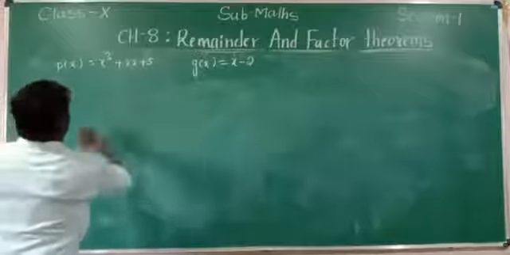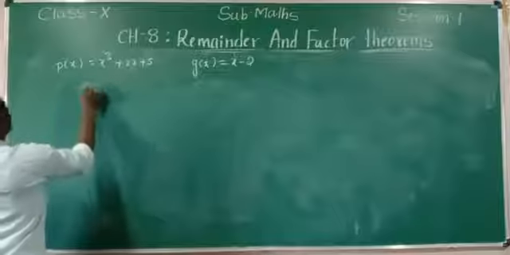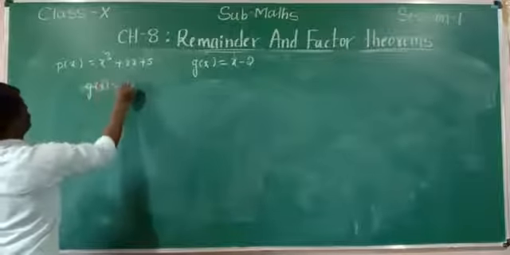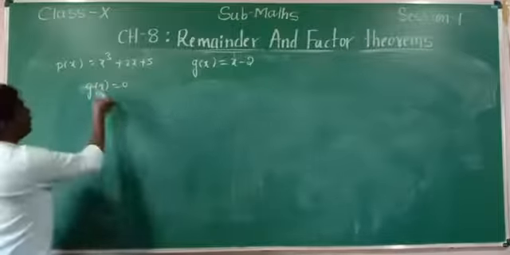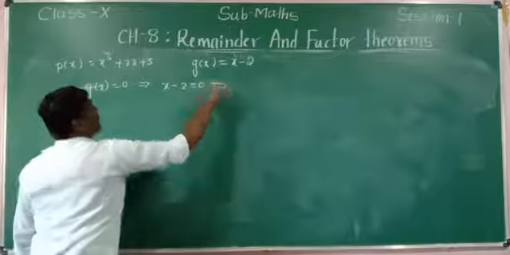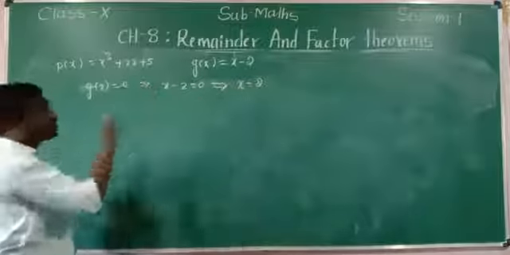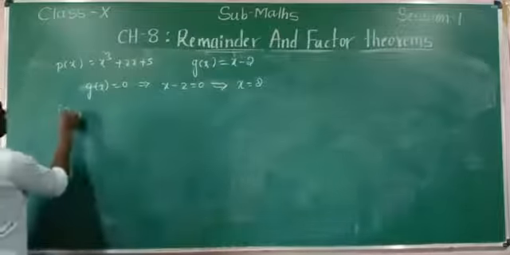Now g of x is equal to 0. G of x means x minus 2, which is equal to 0. If x minus 2 is equal to 0, then x is equal to 2. Just substitute the x value in the given expression, and you will get the remainder.